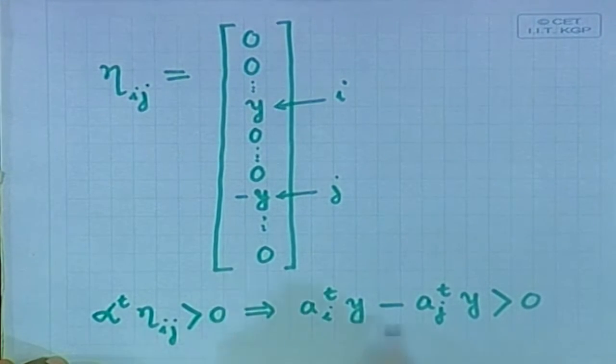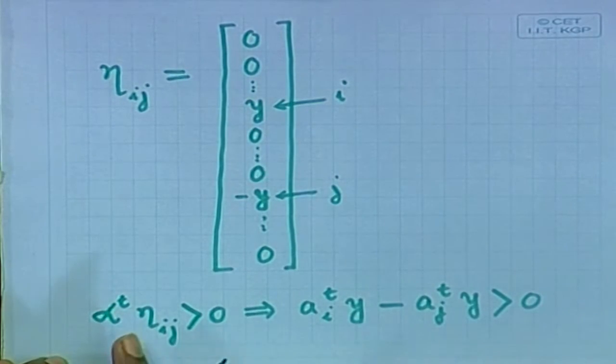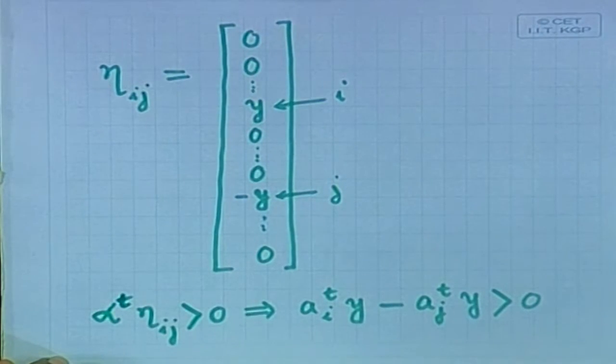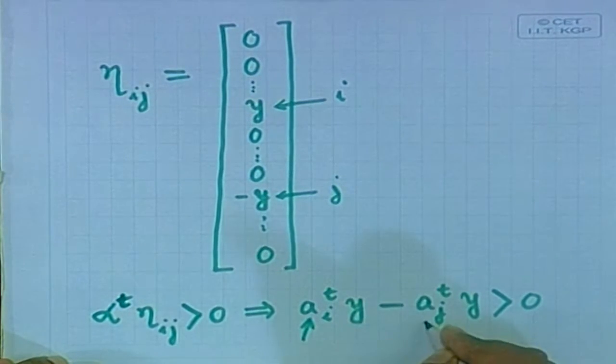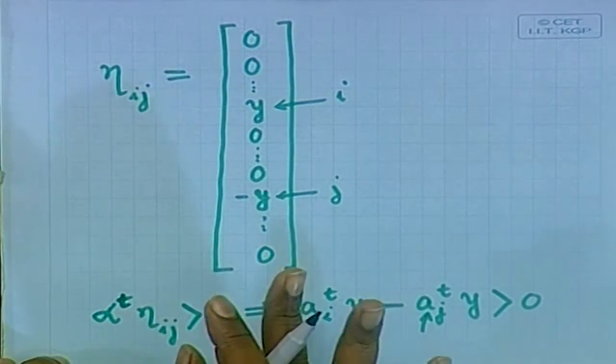So, if this condition is satisfied for all values of j not equal to i, then we say that the sample y belongs to class omega i, and does not belong to class omega j. When I have this sort of formulation, alpha transpose eta ij, for every such inequality I have the weight vectors corresponding to discriminant functions of two different classes omega i and omega j involved in it.